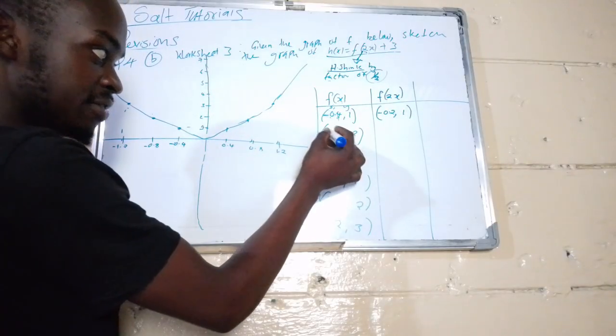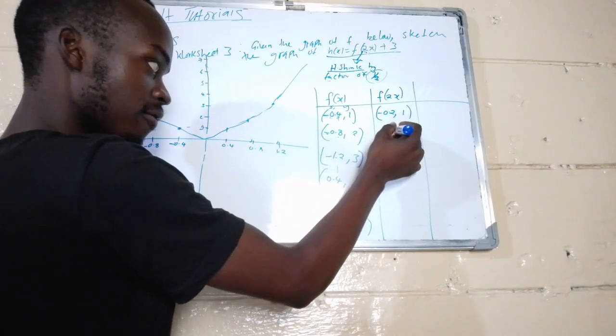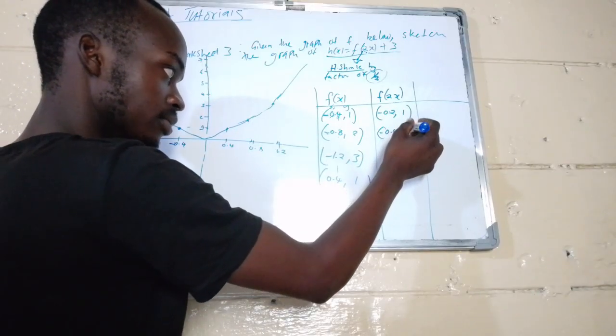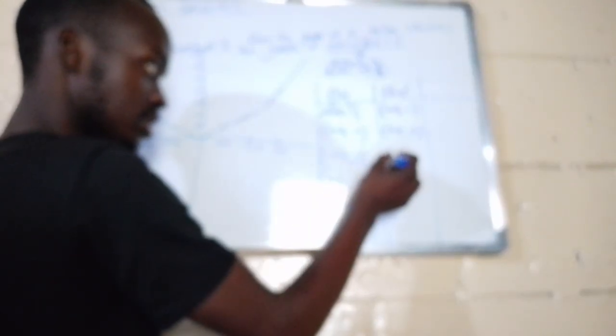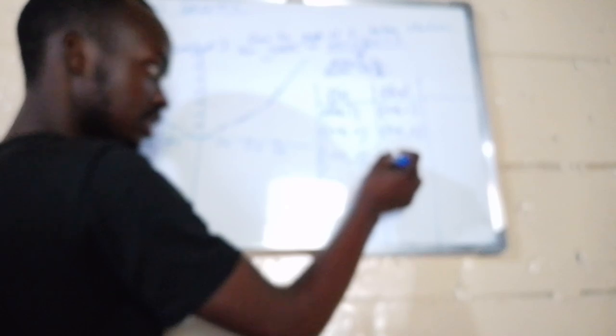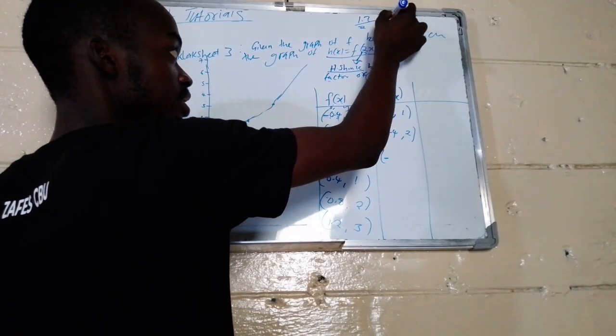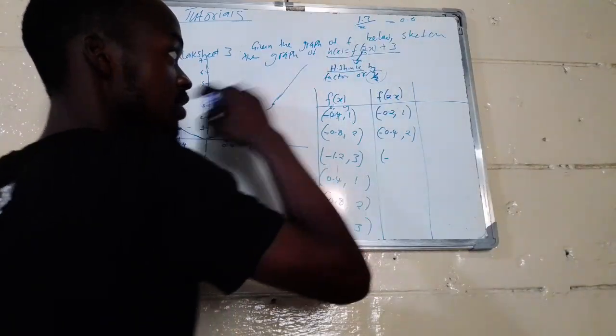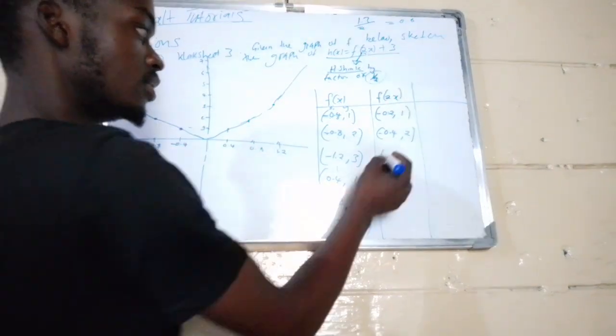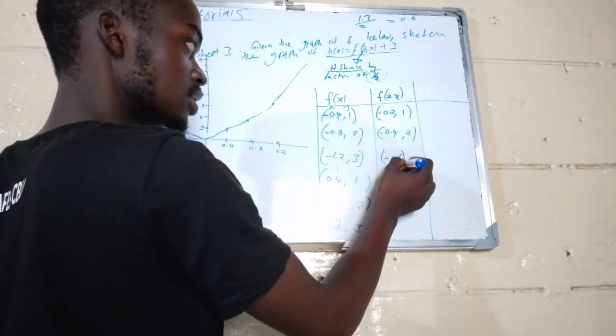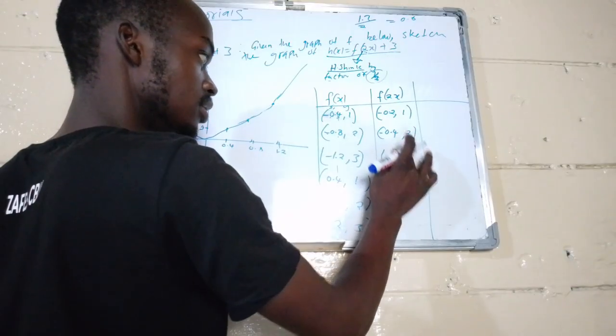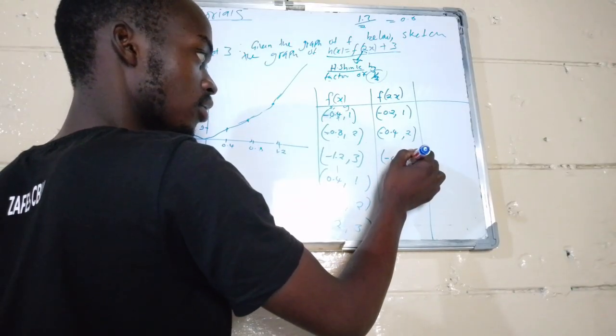Divided by 2, this is negative 0.4, 2. Divided by 2, this is what? 1.2 divided by 2. Is it negative 0.6? I think so. Negative 0.6, 3.